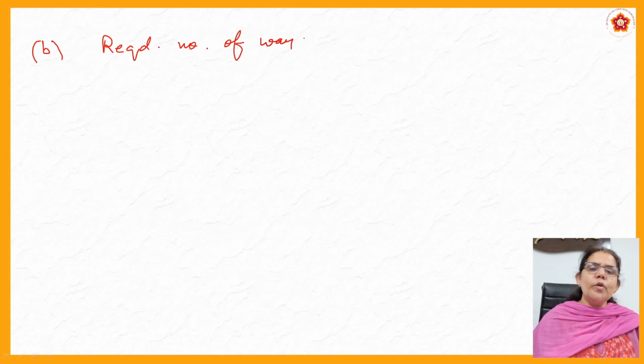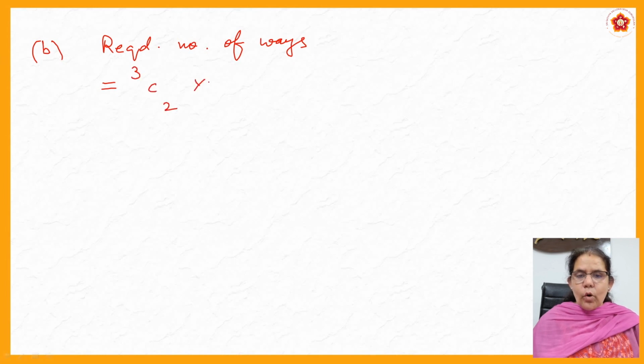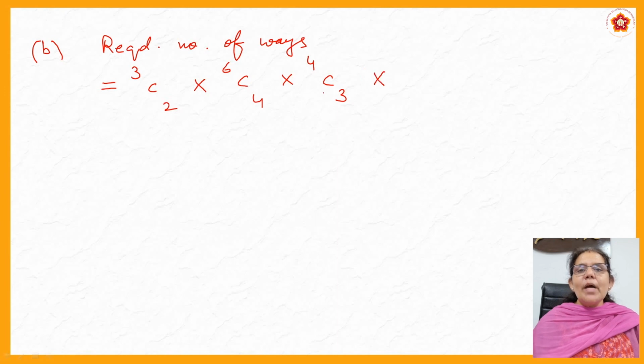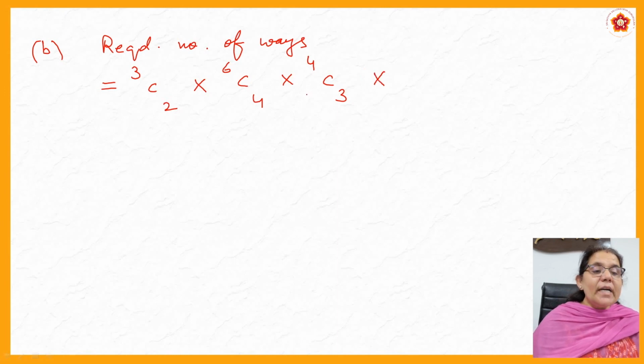We'll start with our usual way, required number of ways. This part remains same. Out of 3 short plays, 2 have been chosen. Out of 6 recitals, 4 have been chosen. Out of 4 dance performances, 3 have been chosen. But they have given the condition that same kind of programs have to be performed at a stretch.